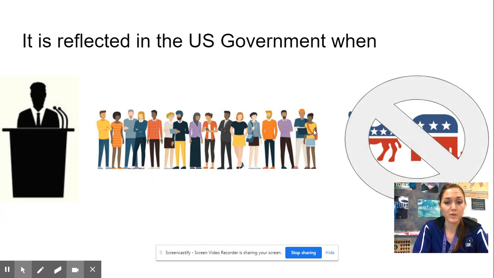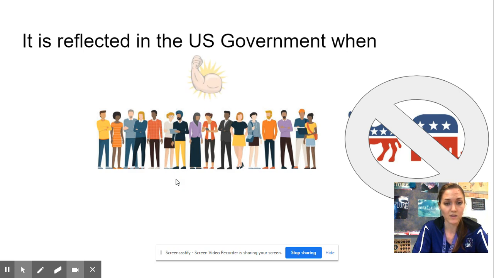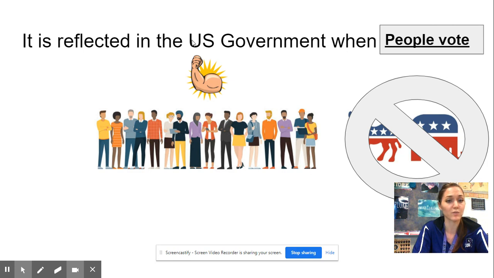If the senator is doing a good job representing the will and the interests of the people, they will keep him around by voting for him when he's up for re-election. If they don't like what he's doing, if they feel like it's not representing what they want, they're going to fire him by voting for somebody else when he runs for re-election, kicking him out of office. So that's how the people have the power in the U.S. government. So popular sovereignty is reflected in the U.S. government when people vote.